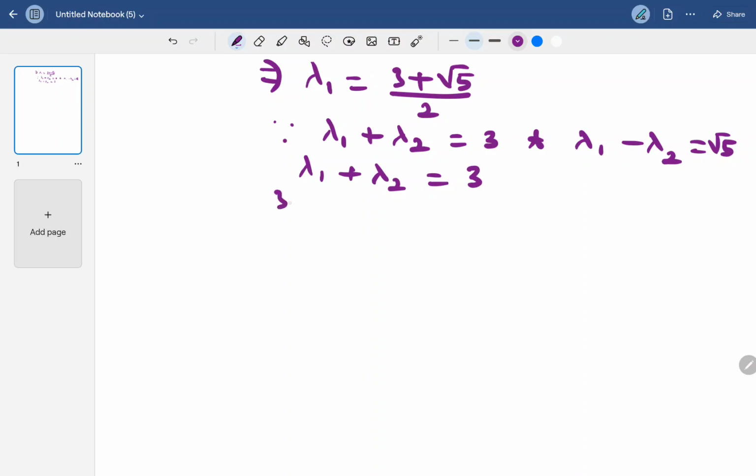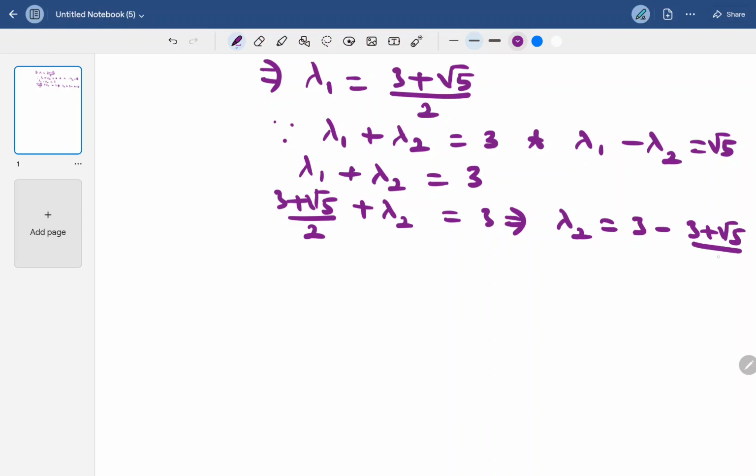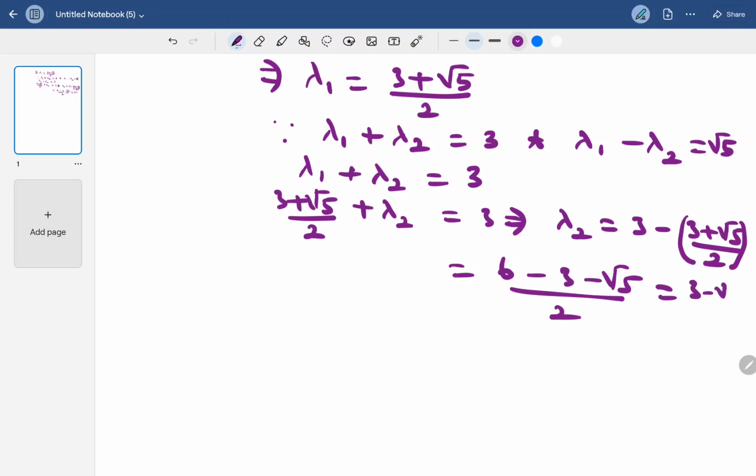Lambda 1 is nothing but (3 plus root 5) by 2, plus lambda 2 equal to 3, which implies lambda 2 equal to 3 minus (3 plus root 5) by 2. Simplifying, (6 minus 3 minus root 5) by 2, 6 minus 3 is 3, (3 minus root 5) by 2. Lambda 2 is nothing but (3 minus root 5) by 2.